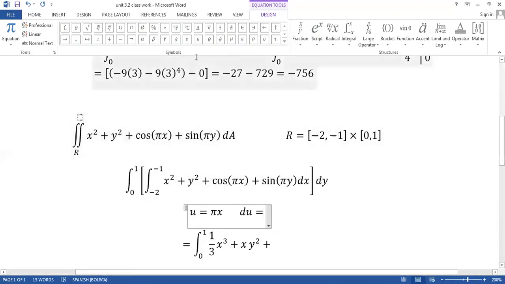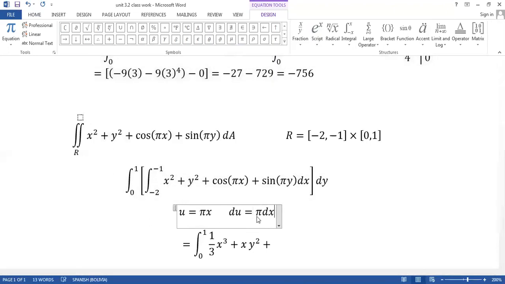What is the integral of cos, Delano? Remember there is an imaginary 1 there.